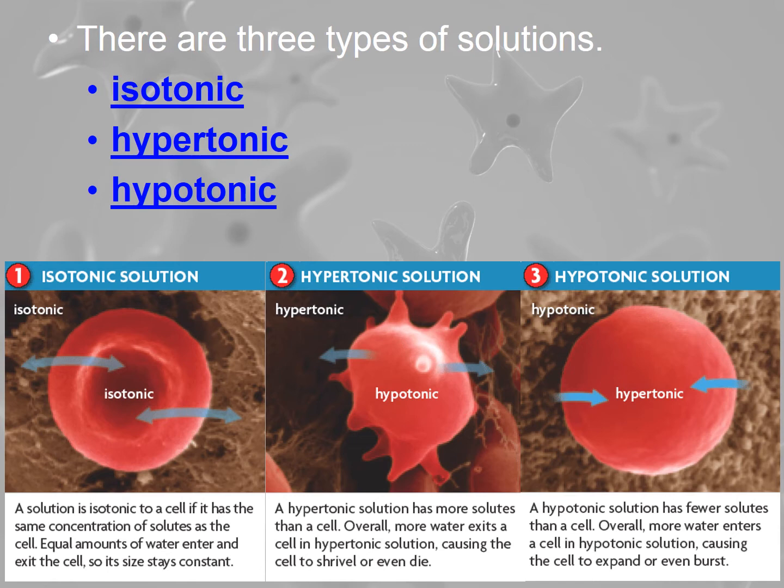On this slide, I want you to add that most cells have, as far as concentration goes, about 1% salt and 99% water in them. We're going to use that as a baseline for any cell that we talk about.